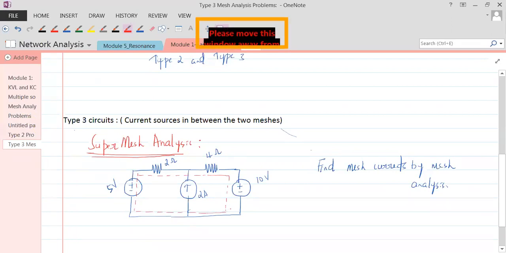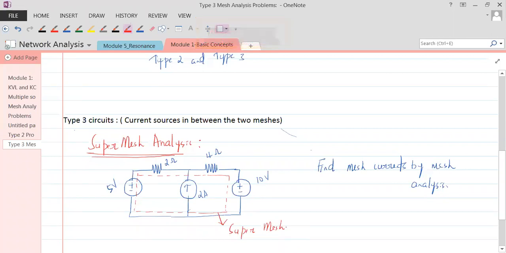So you should see it as one mesh, one closed path, and that closed path is referred to as a super mesh. So what is a super mesh? A super mesh is a combination of two meshes in between which you find a current source.